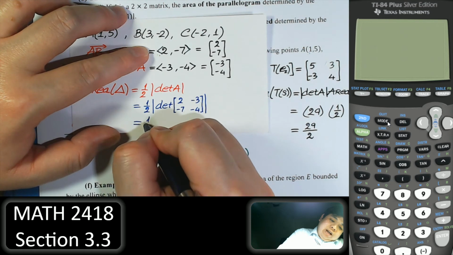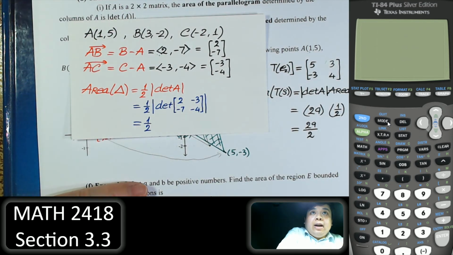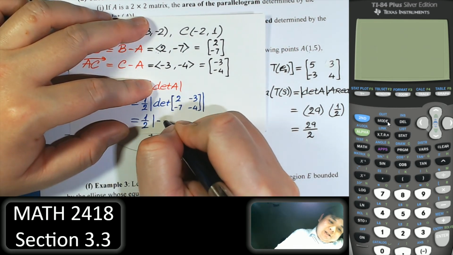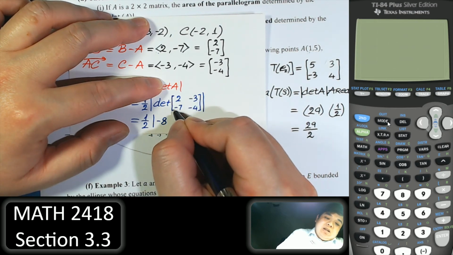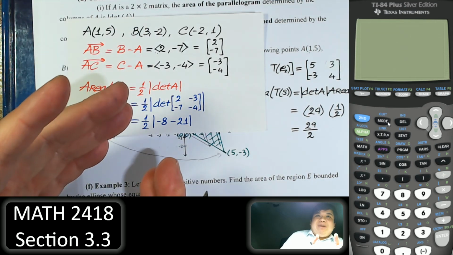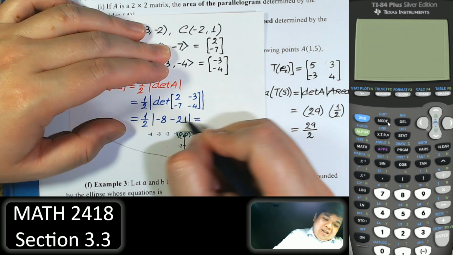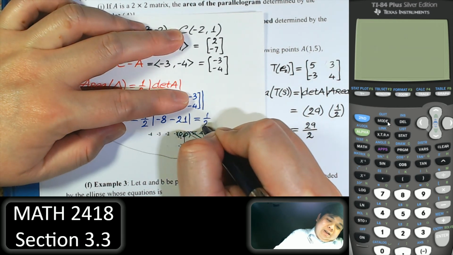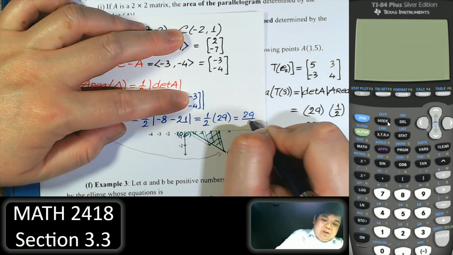That gives us 1/2 times: 2 times negative 4, that is negative 8, minus negative 21. Remember, that's why we need the absolute value, because the determinant in this case is negative. So we have 1/2 times 29, and that's 29/2.